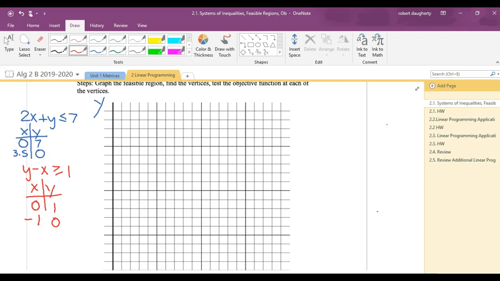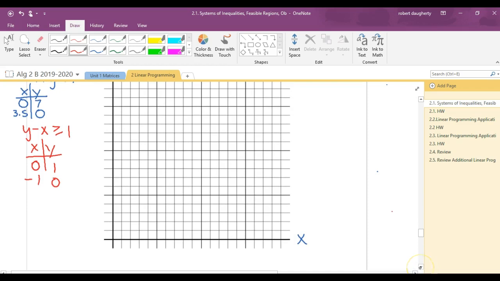So I need to scale up to what in my x-axis? The x-axis needs to scale from 0 to 3.5, and then y goes from 0 to 7. So why don't I do it this way? Those numbers feel pretty close, so let me just go every other one. Let's do 1, 2, 3, 4, 5, 6, 7, and then the y-axis 1, 2, 3, 4, 5, 6, 7.